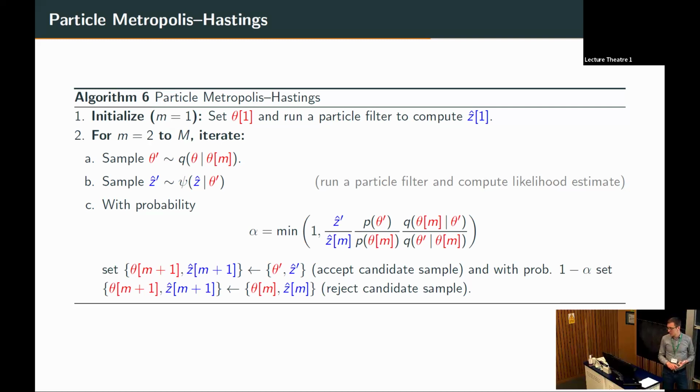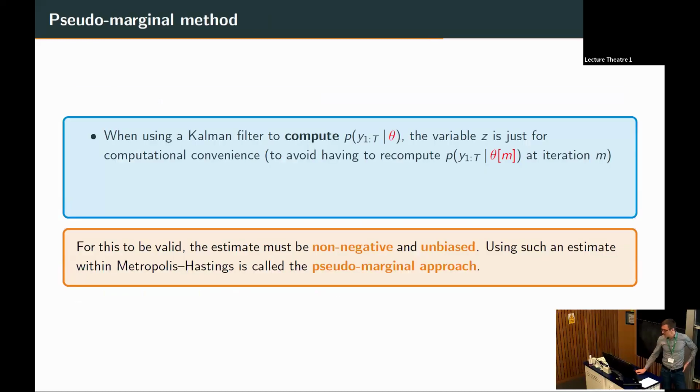And if we reject, we copy the previous values that we had. That's an important distinction still: even though the algorithms look very similar, in the Kalman filter we compute this likelihood at each iteration, and we can store it in this variable Z just for computational efficiency.